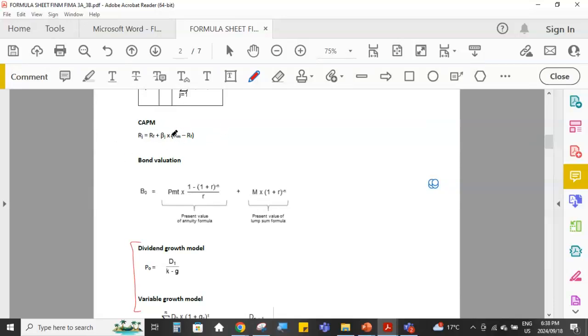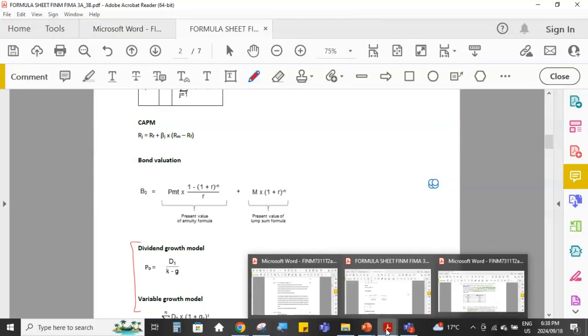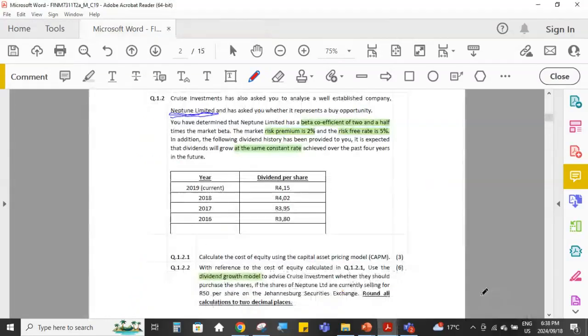It's useless giving you the formula if you don't know what each of these variables represents.